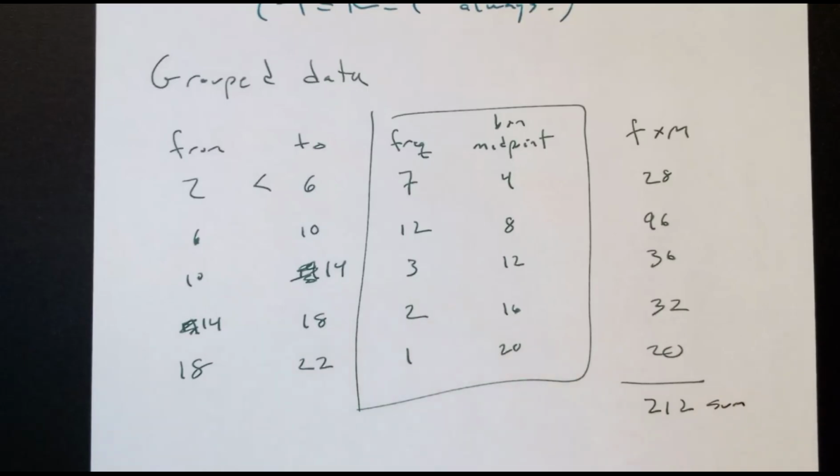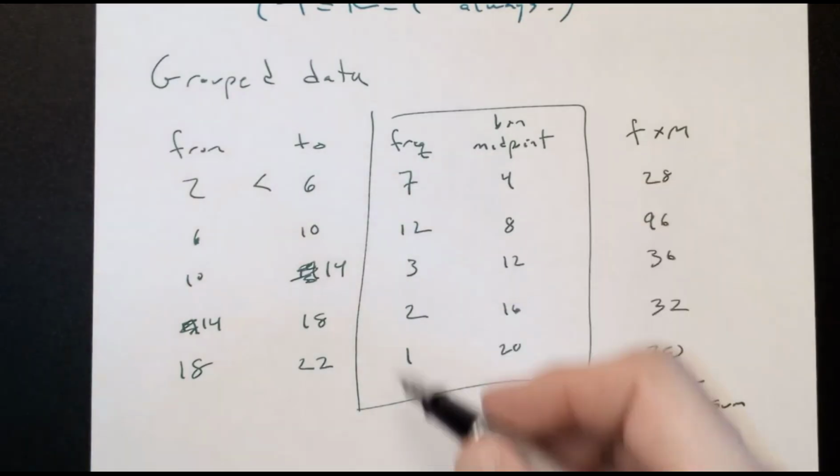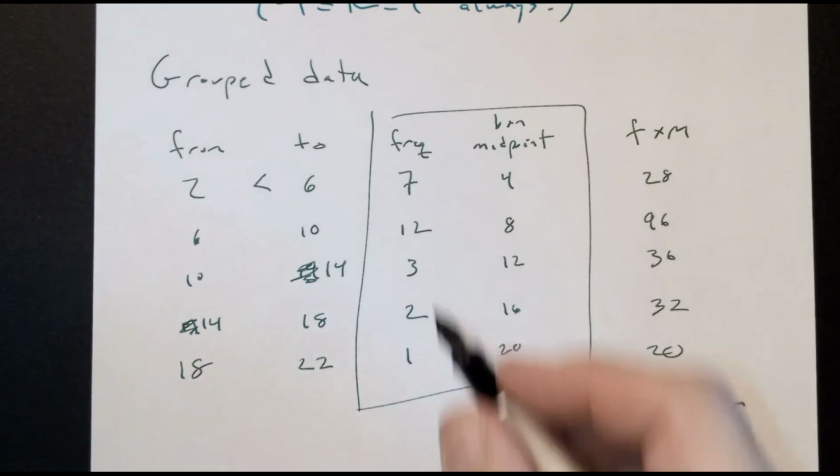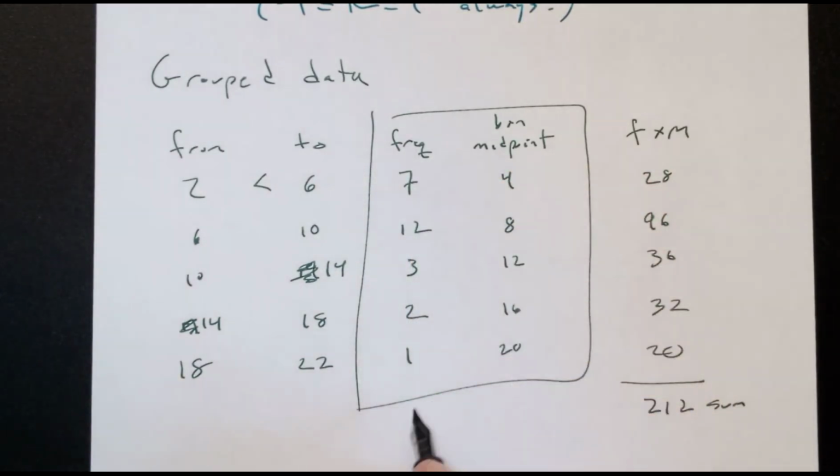How many values do I have? 5. No, I have way more than 5. I have 5 categories, right? But each category appeared more than once. I have to add up the frequencies to find out how many total data values I have. I have 25 of them.